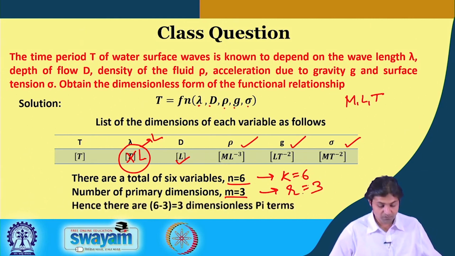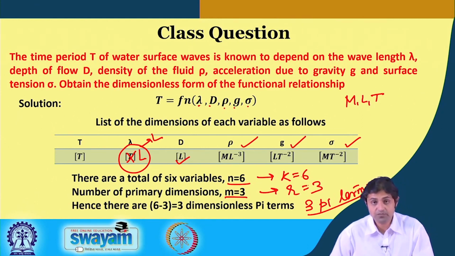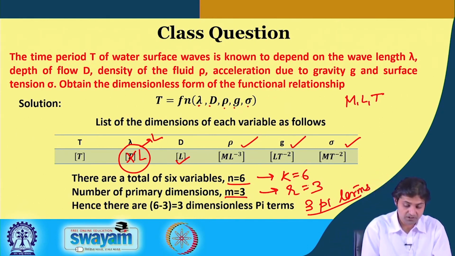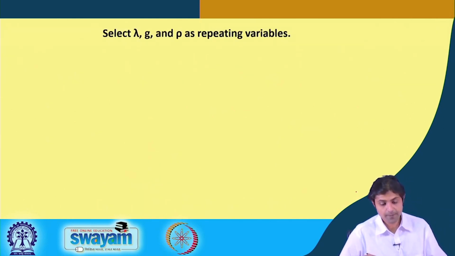So, the number of pi terms will be k minus r, so total 3 pi terms. So, some of our steps are complete. We have determined k as 6, r as 3, and therefore the number of pi terms is going to be 6 minus 3, which is 3. These are some very important steps. This must be followed. All right.